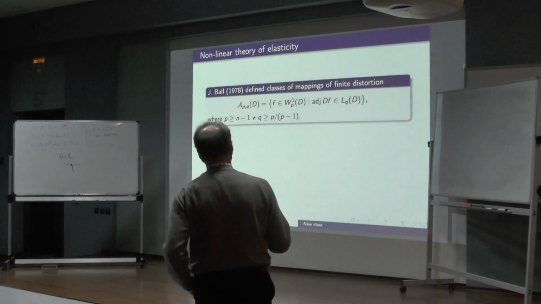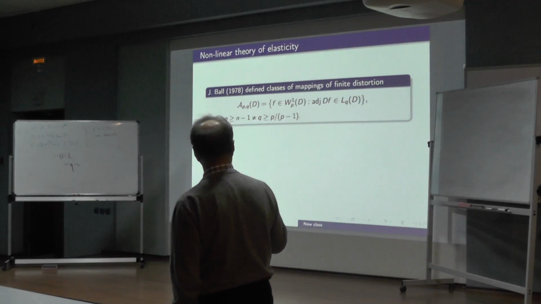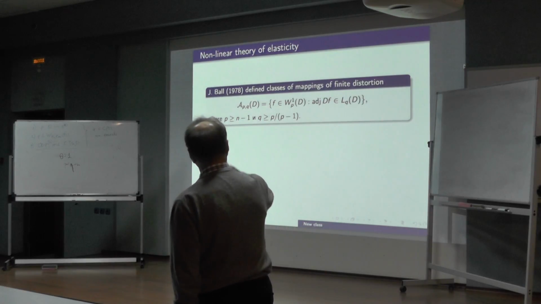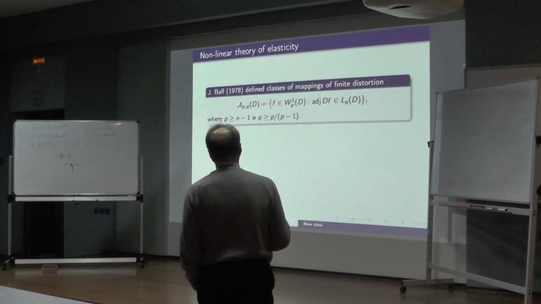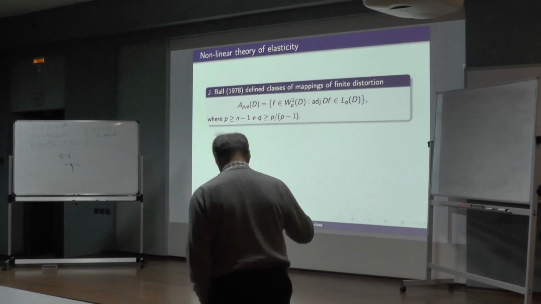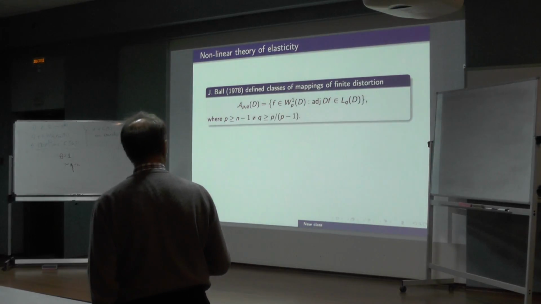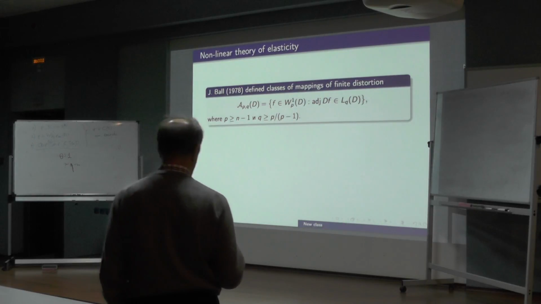And what I want to mention now is only the following, that many years ago, John Ball defined this class of mappings to resolve variational problems in nonlinear elasticity theory.